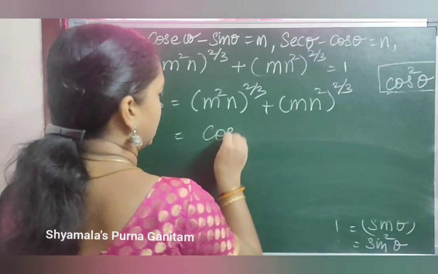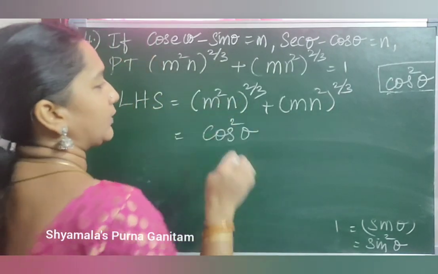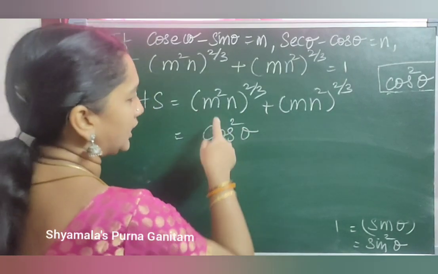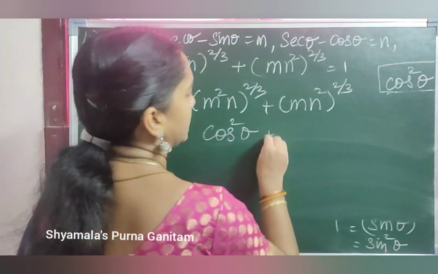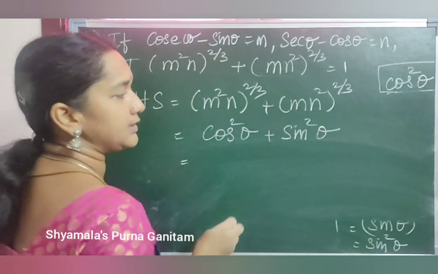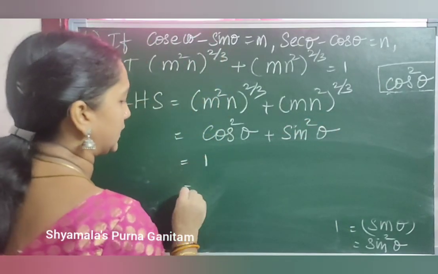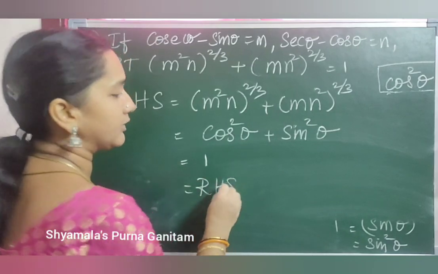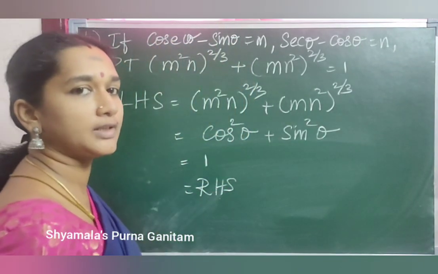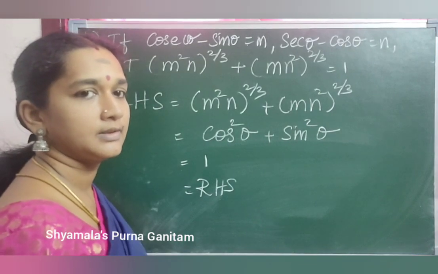When you are substituting the values for m and n, after simplification you got cos square theta here, and here you got sin square theta. So we know that the sin square theta plus cos square theta identity is 1. So that is our RHS value. So you got the value for this.